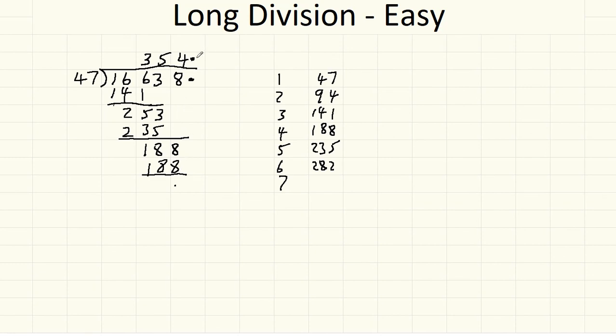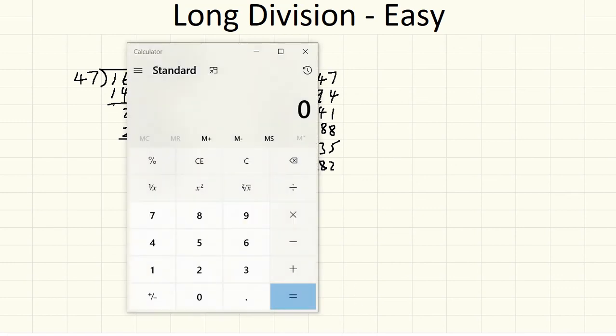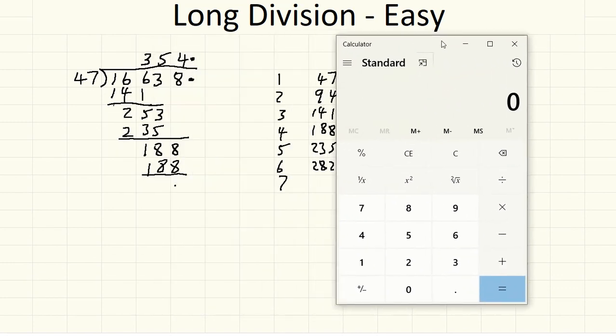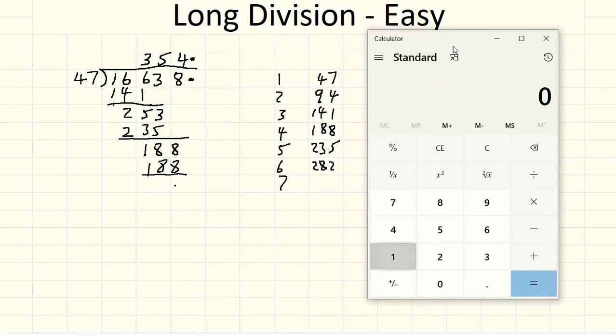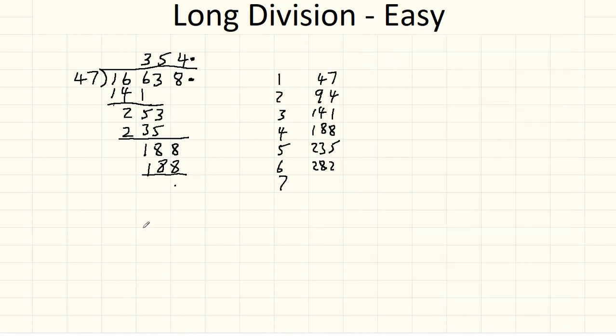So the answer is 354. Let's check the calculator. 16638 divided by 47 equals 354. Excellent, we are correct again.